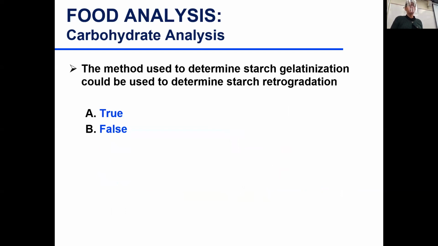The method used to determine starch gelatinization could be used to determine starch retrogradation. Before we answer this, can somebody define starch gelatinization? You all should know that, and you can say it, even if you have exceeded your participation points. Then go for it.